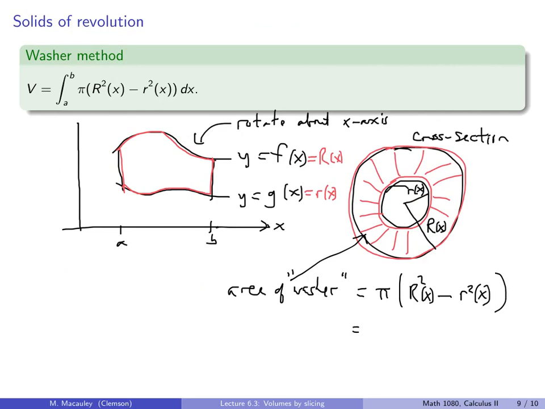And this is pi times f squared of x minus g squared of x. So that is where this formula comes from.